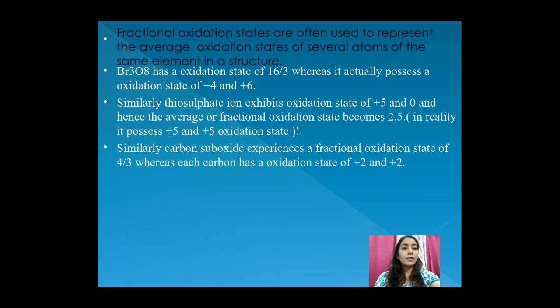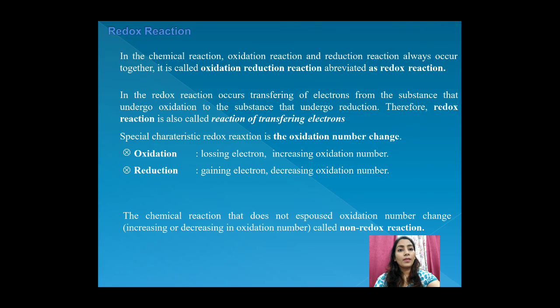Fractional oxidation states are often used to represent the average oxidation state of several atoms of the same element in a structure. Br3O8 has an oxidation state of 16/3 whereas it actually possesses oxidation states of +4 and +6. Similarly, the thiosulfate ion exhibits oxidation states of +5 and 0, and hence the average fractional oxidation state becomes 2.5.